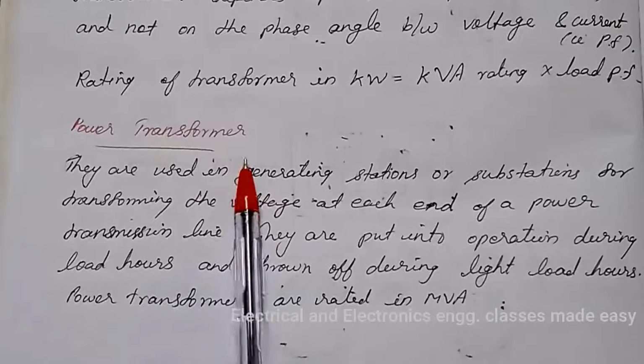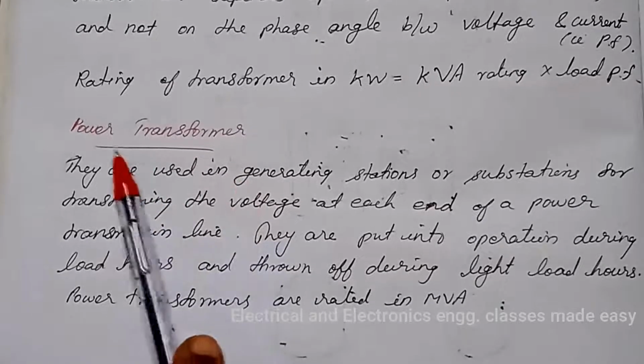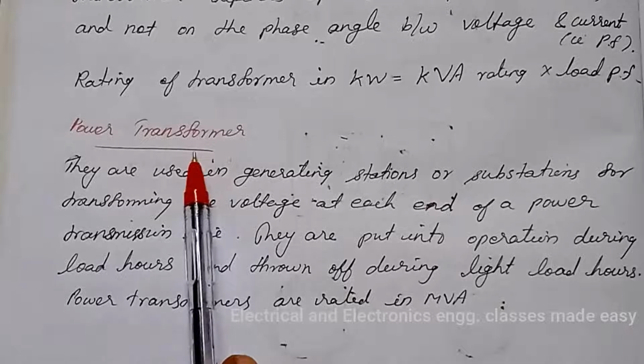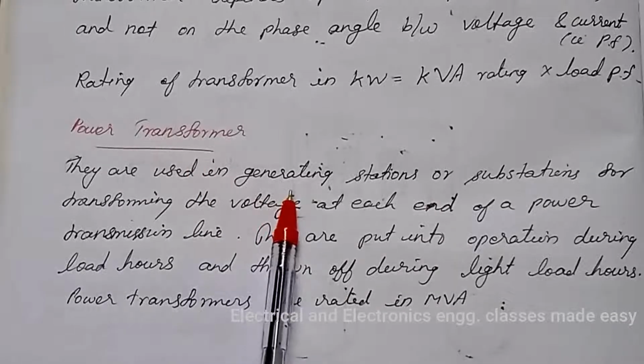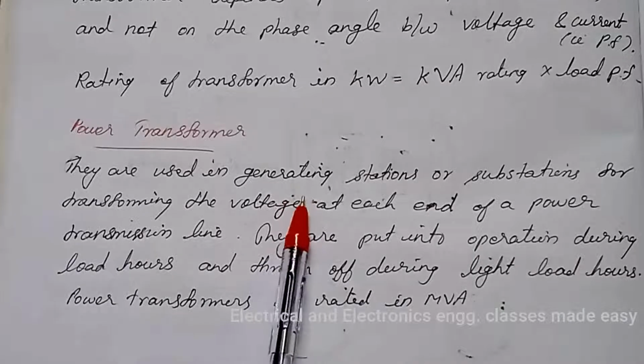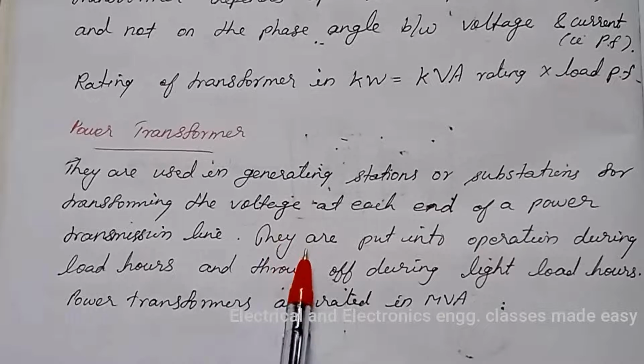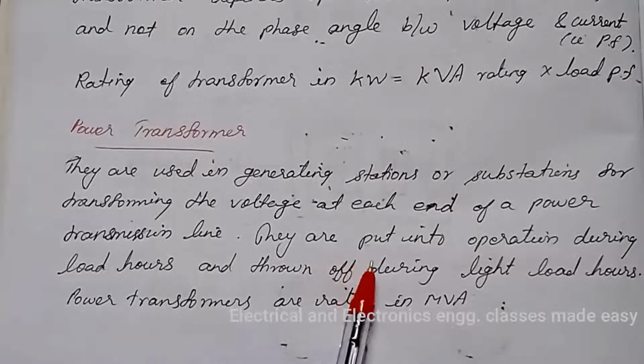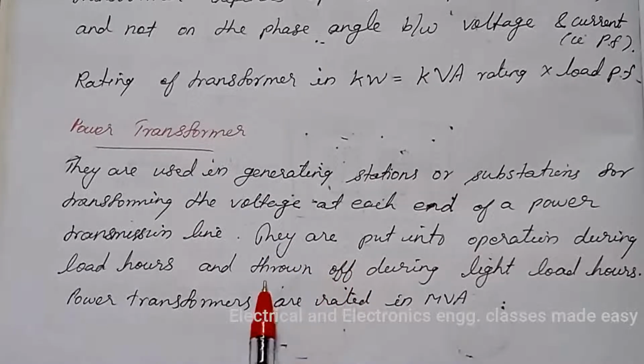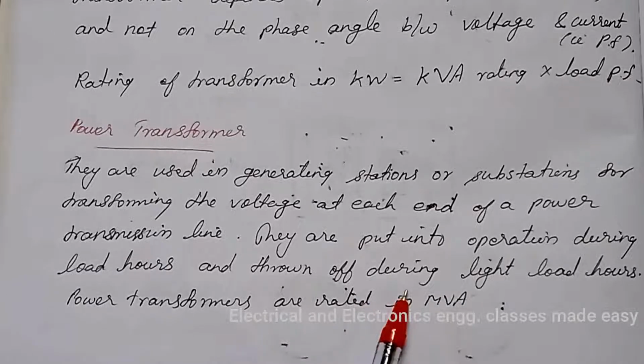Let us study about the different types of transformers. Power transformer. They are used in generating stations or substations for transforming the voltage at each end of a power transmission line. They are put into operation during load hours and thrown off during light load hours.